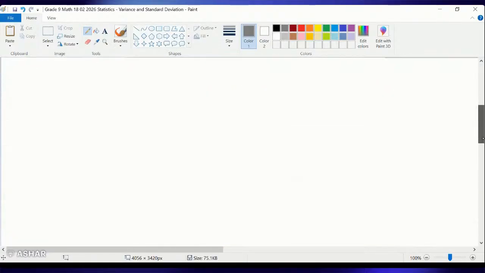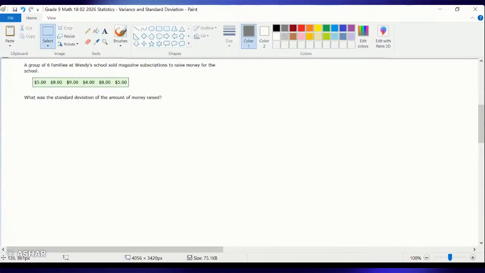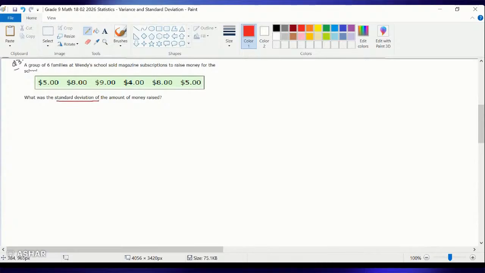Okay, let's have a look at question number 3. If these are the given set of values, in question number 3 they are asking us to find the standard deviation. First, let's write the mean. The mean means we add all the numbers.